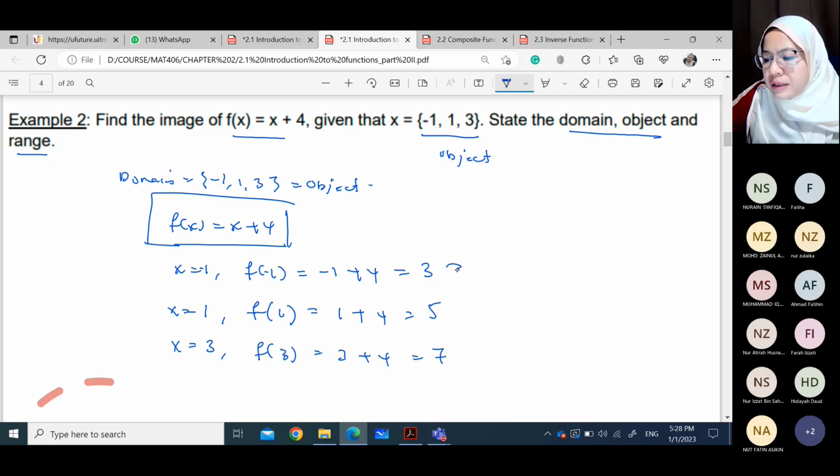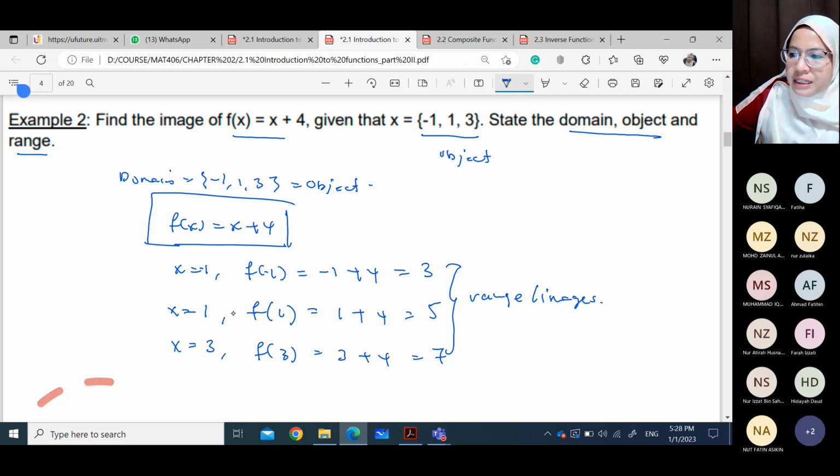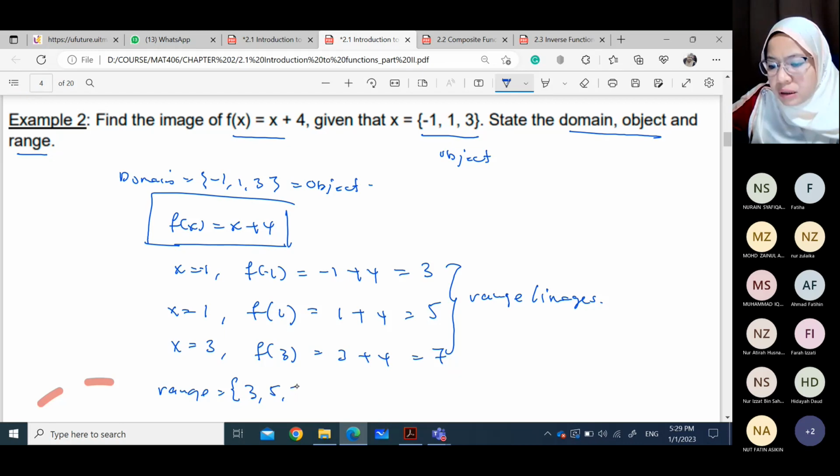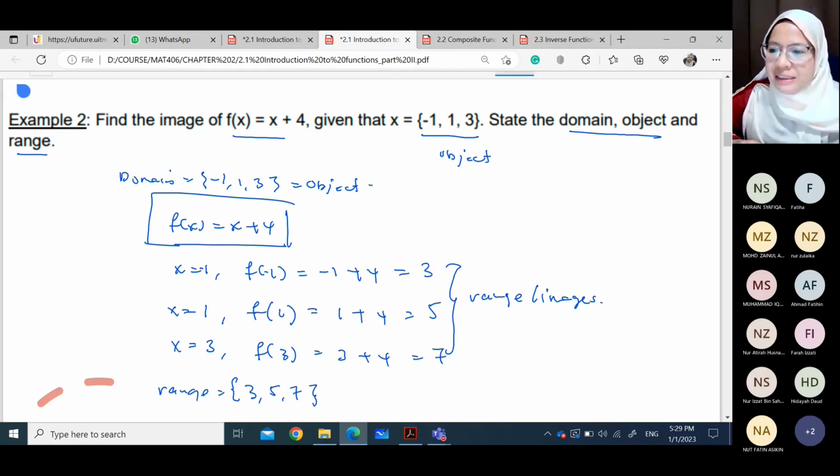Therefore, 3, 5, and 7 are the range for this function. So this is the range, or image. It asks for the range, so we write it in set form, which is 3, 5, 7. Okay, understand?